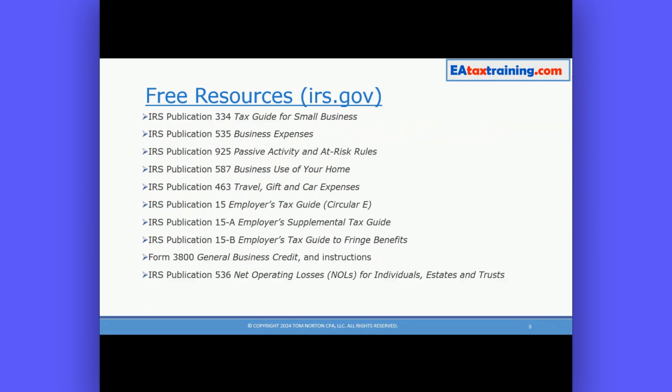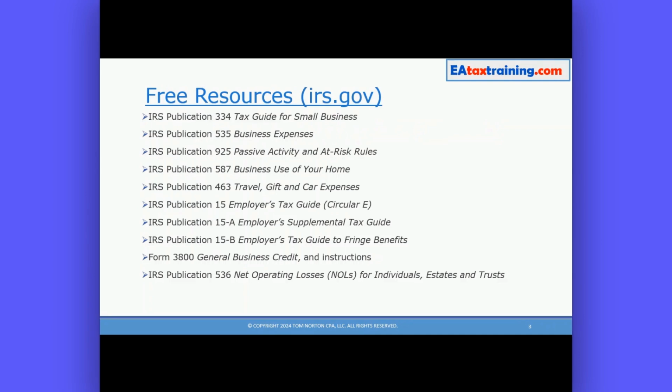We've got a pretty long list in this one. You've already seen Publication 334, so I'm recommending that one again. Then we get into this one, Publication 535, Business Expenses. I'd also look at the passive activity and at-risk rules publication.